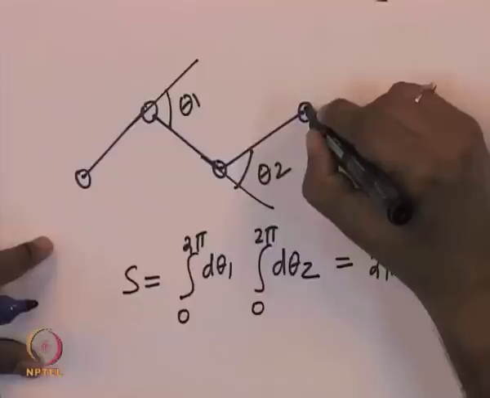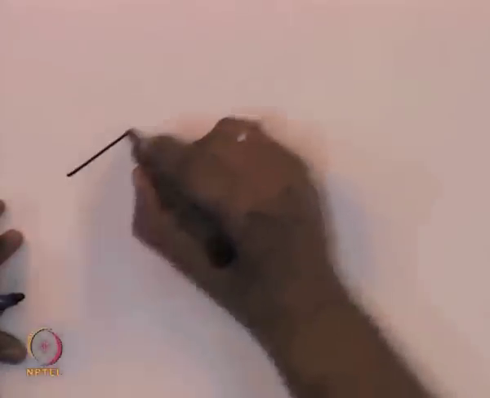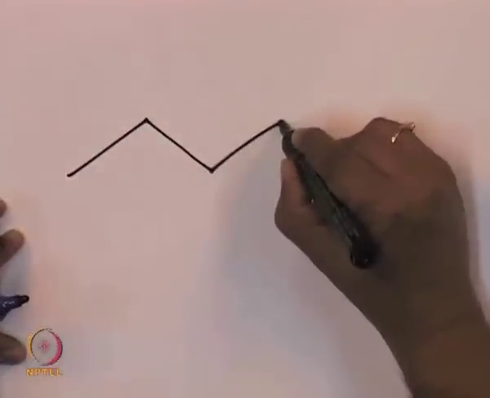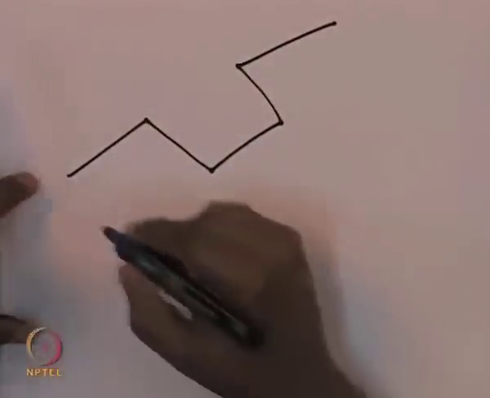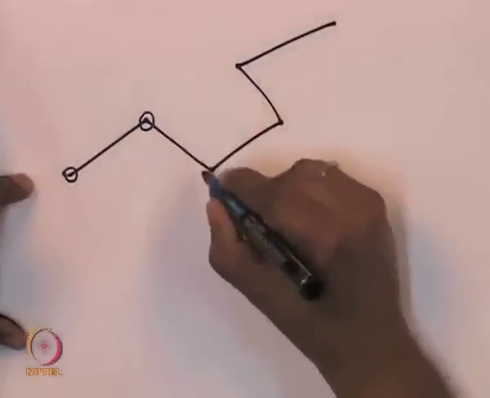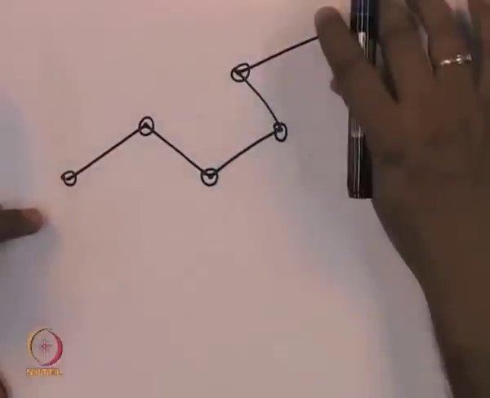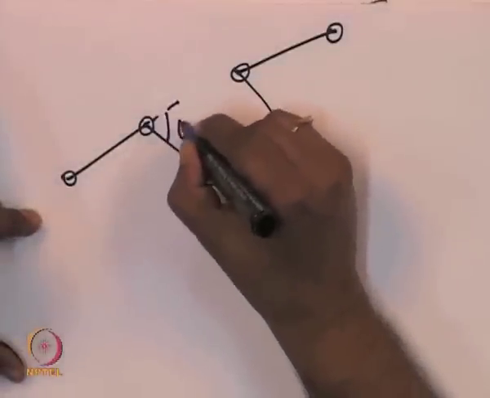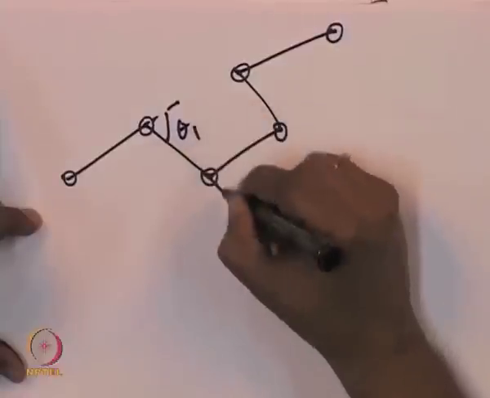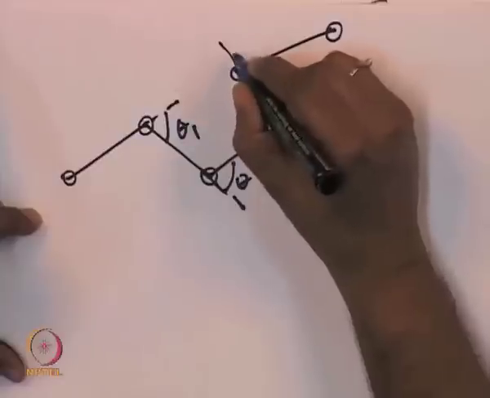So, we can draw more lines. So, we can now think of one protein molecule which has n such bonds. So, this is connected by n plus 1 atoms, n plus 1 atoms connected by bonds. Each of these angles, let us say theta 1, theta 2, theta 3, and so on and so forth.